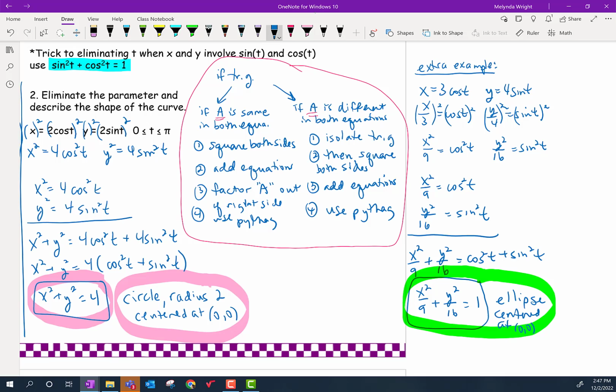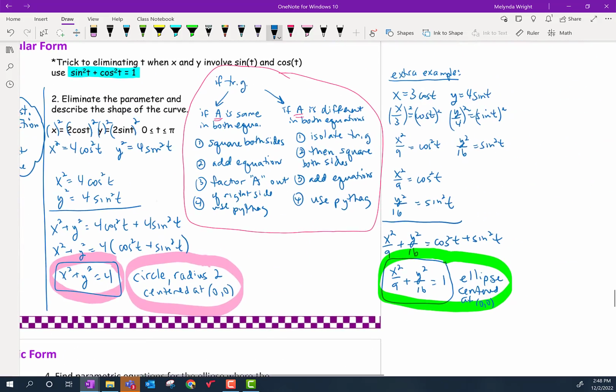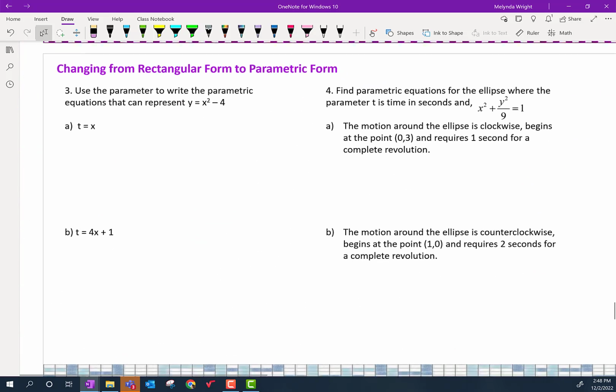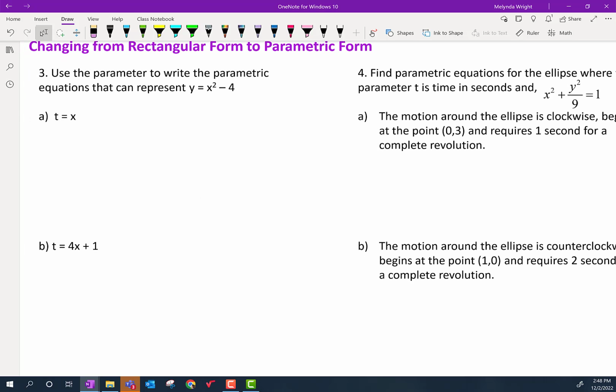Are we okay? Okay. Now let's go to our other scenario, and that is where we're going from rectangular to parametric. Okay, from rectangular. Does anyone still need any of these notes? Is everybody okay? Okay. So this first kind is the kind where they tell you.